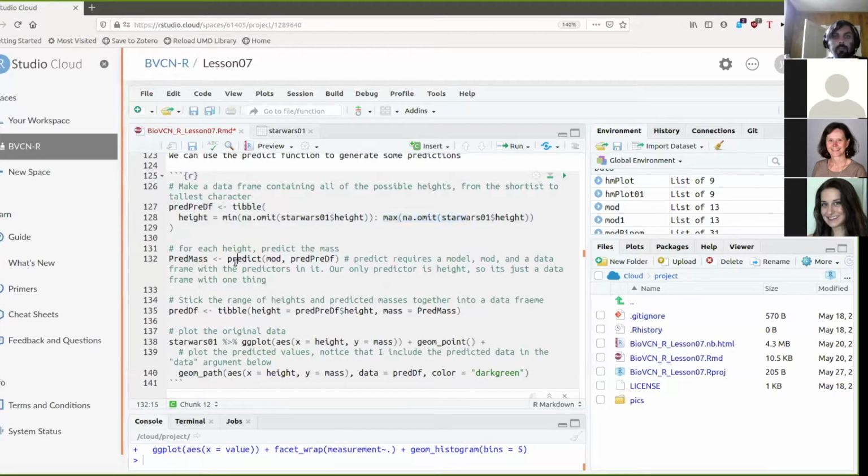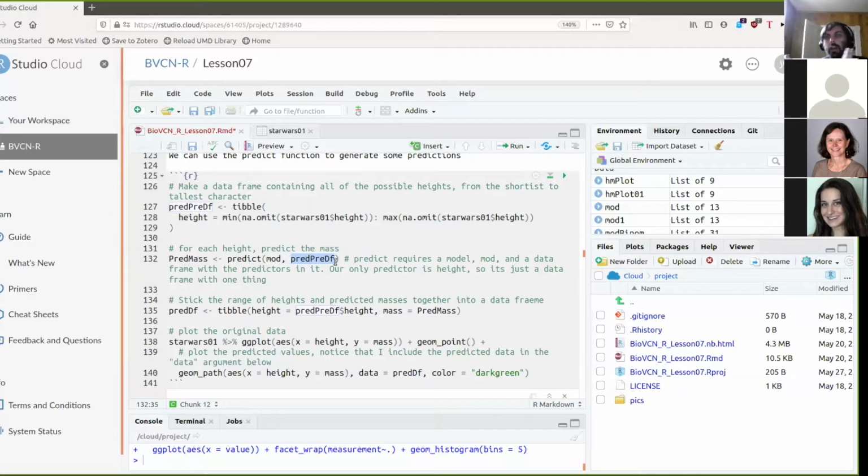And I used the predict function. Predict takes a linear model and some height data, and we use that height data to predict mass, because that's what the model does. We trained it with height data to predict mass.